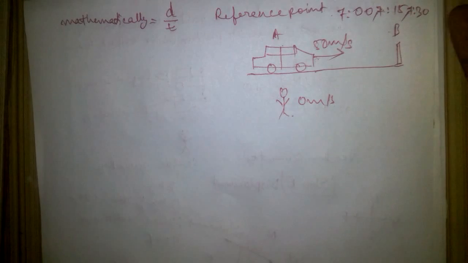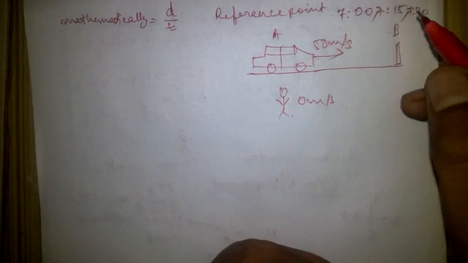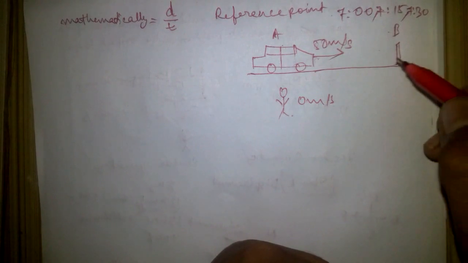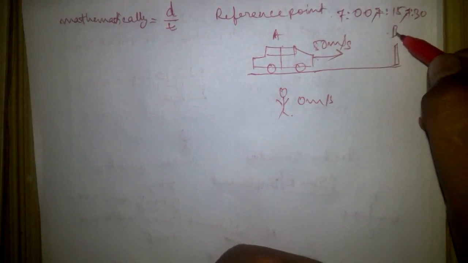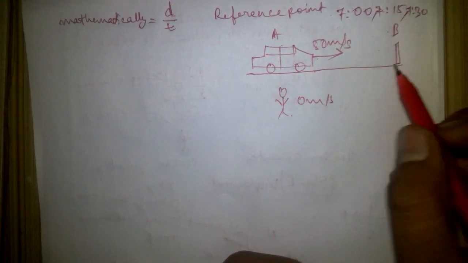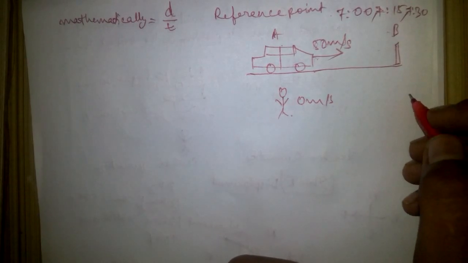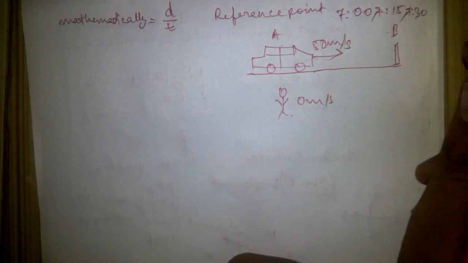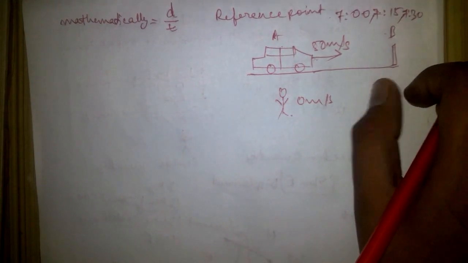This means the speed of the car has not changed, and this is termed uniform motion, because the distance covered in equal intervals of time is always the same. Okay, so this was uniform motion, and let's start velocity and speed.